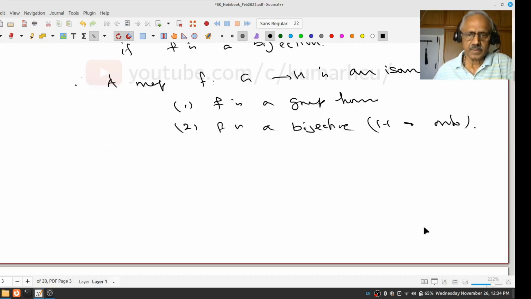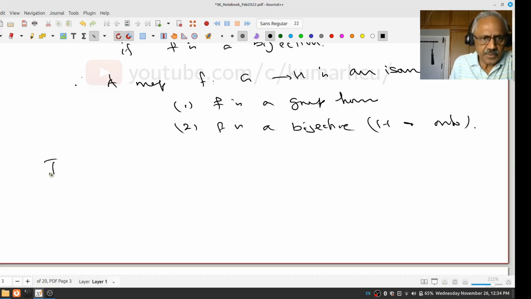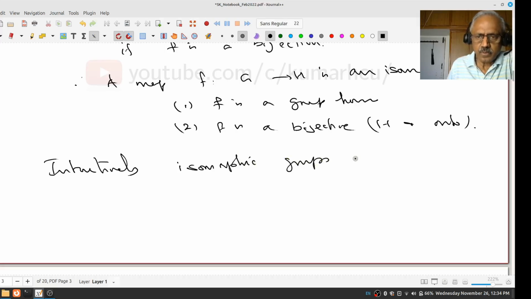Okay. See, intuitively, isomorphic groups are the same.